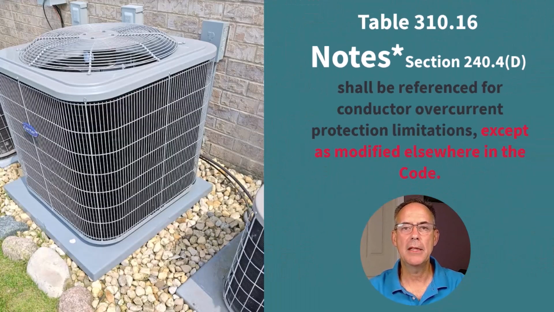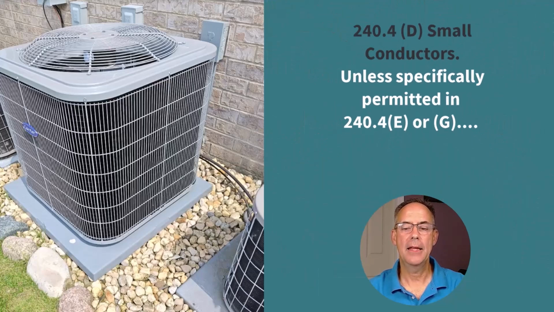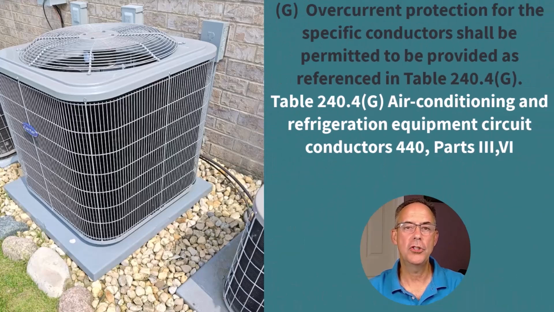But you have to read the last part of that note, which says, except as modified elsewhere in the code. So this is where it leads us to another section of the code to see, is it modified? Is it modified for air conditioning equipment? And yes, it is. The code goes on to tell us, unless specifically permitted in 240.4(E) or (G).